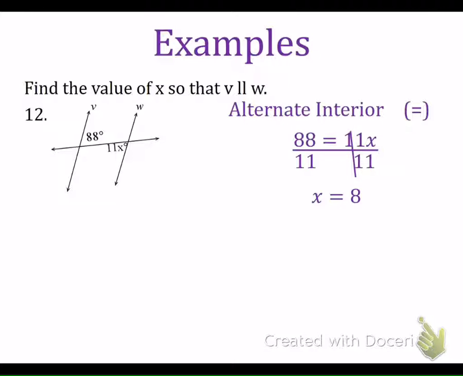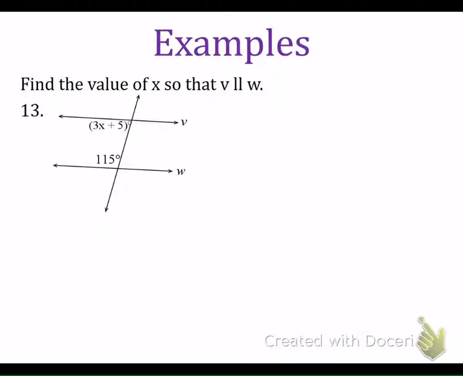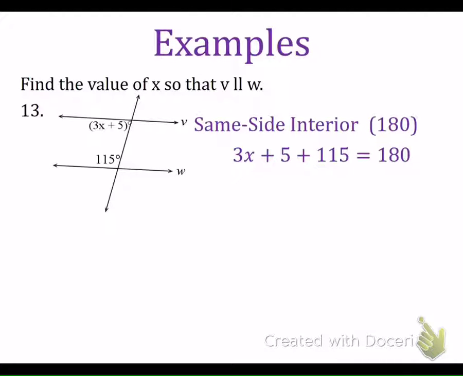Number 13. These are same side interior angles. So if I want these lines to be parallel, what has to be true about these angles? They have to be supplementary. So these two angles have to add to 180.